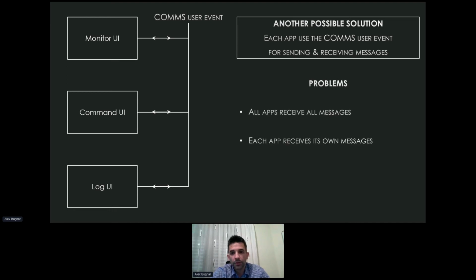And this solves the issue of dealing with multiple references, but it's not elegant because all apps will receive all messages, and each app receives its own messages. So it would be wasteful from the point of view of computational resources, potentially. And depending on what the apps do and how many messages are sent in this network, some apps might become glitchy due to handling all the messages that are not meant for them.